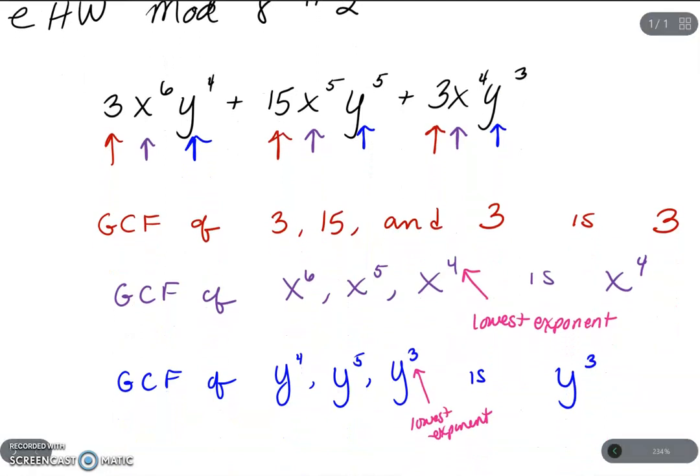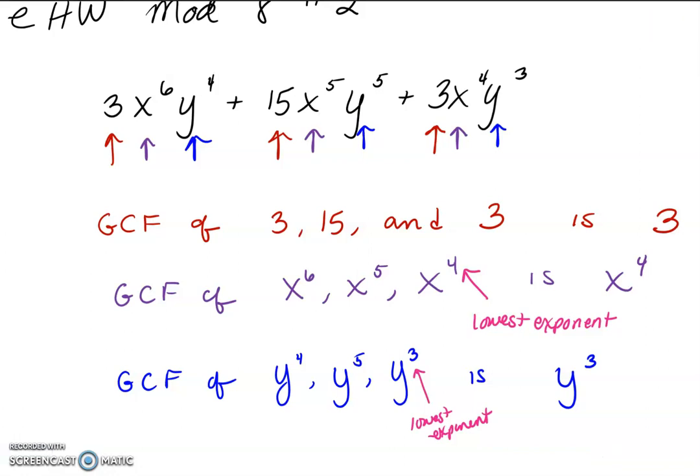Then the third one are the y's. So you can see down here, y to the 4th, y to the 5th, y cubed. So pick the one with the lowest exponent. So out of all of those, if we put that together, our greatest common factor would be 3.